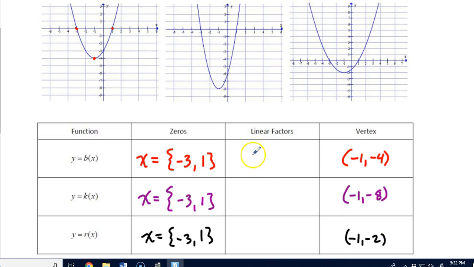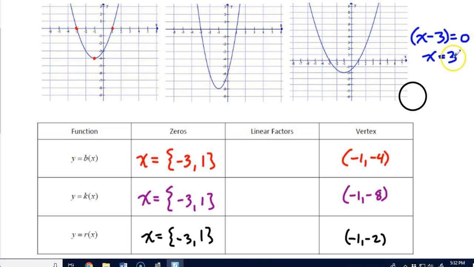Okay, so cycling back to the linear factors. Well, we saw in our previous video that when we had a linear factor that looked like x - 3, say, and we set it equal to 0, the x that produced that had to be a +3.